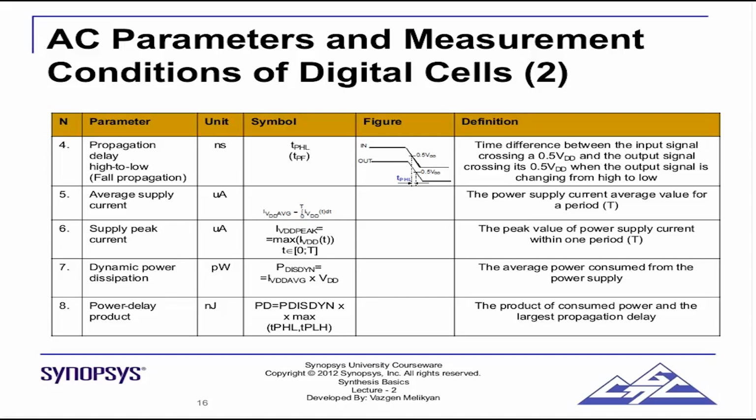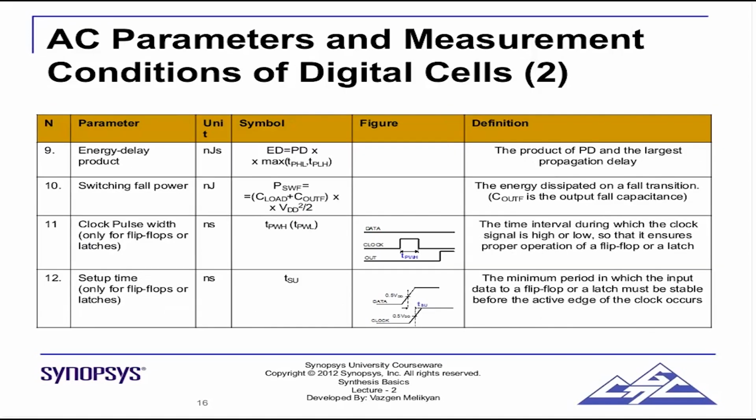I will not go into 8, it's not used. 8, 9, you could read it yourself. 8, 9 is not that useful for synthesis. Again, you have a switching fall power, you could have a switching rise power as well, the energy dissipated. So instead of reading this as switching fall power, let's call it switching power. Switching power is the energy dissipated on a transition.